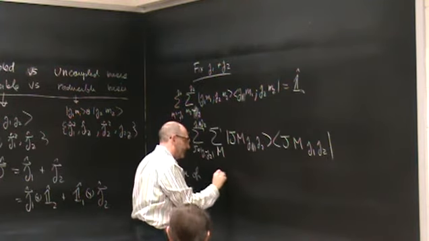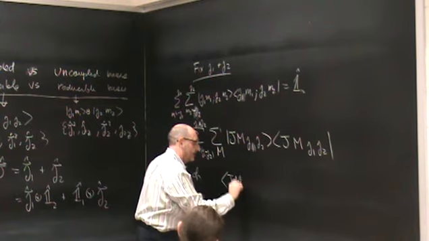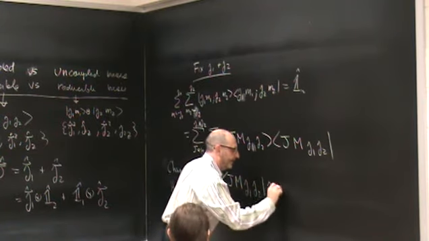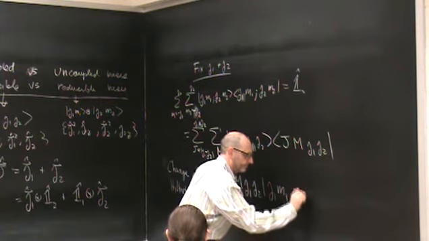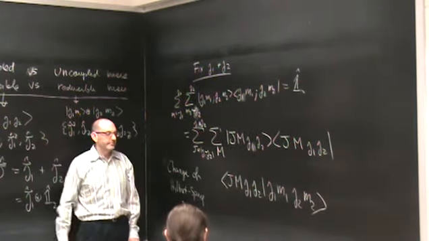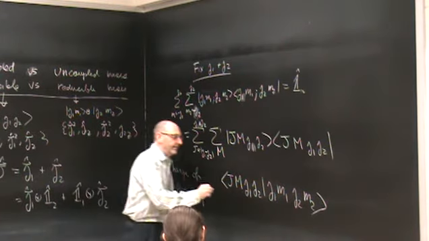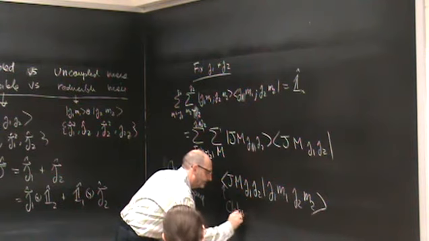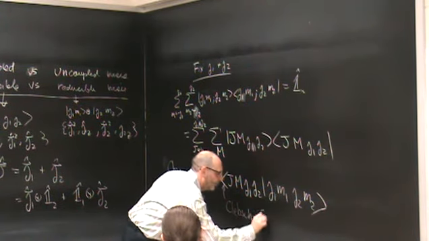And those matrix elements are defined by this inner product. And these things are known as the Clebsch-Gordan coefficients. And it's Gordan.